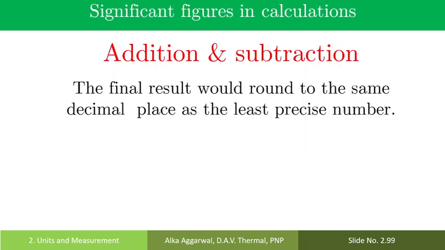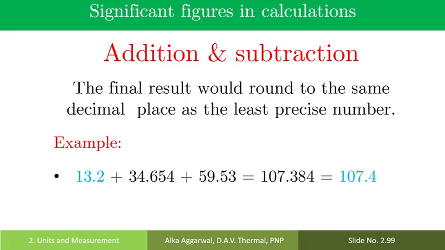Now, how do we do the mathematical operations when we add or subtract two quantities? In addition or subtraction, the final result should retain as many decimal places as there are in the number with the least decimal places.